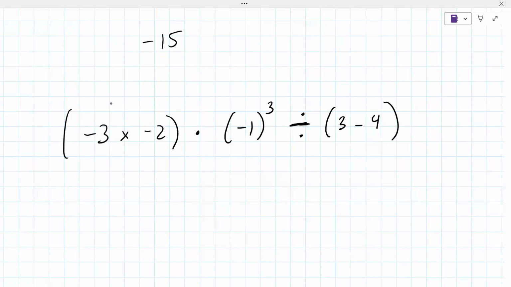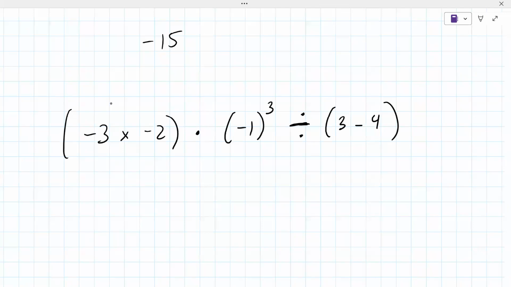And it'll become 6 times -1 squared divided by 3 minus 4. Then we go to 6 times 1.